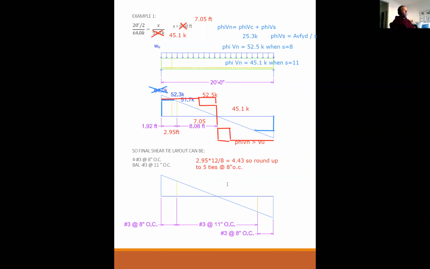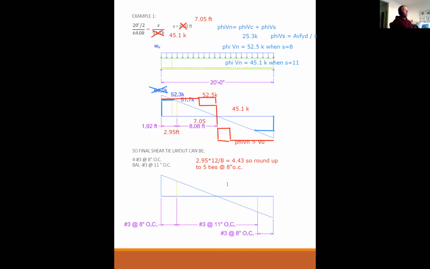And also you do it that way because you're putting this detail on a structural drawing, and this detail is going to cover all kinds of different beams that may be varying in different lengths. So you don't want to sit there and figure out how many ties it takes to fill every single different beam on the job. You could have over 200 beams that are all almost identical, but they're different in just a few inches.